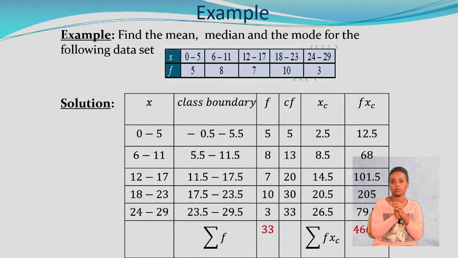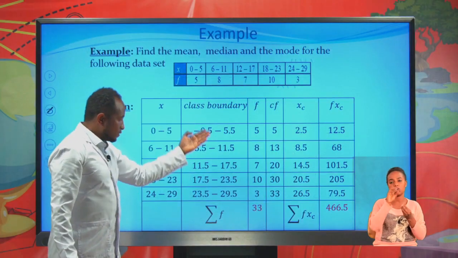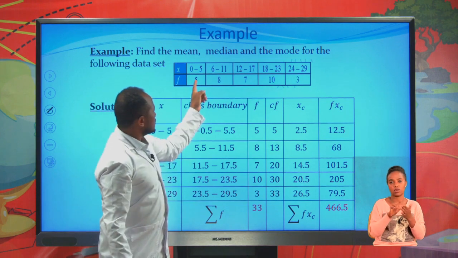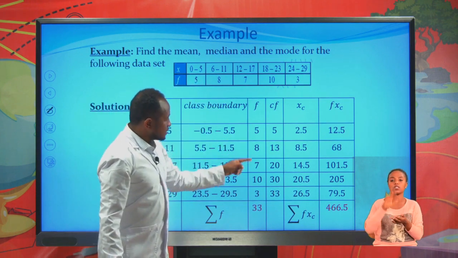To find these values, first I need to convert this into class boundaries, from 0 to 5, 6 to 11. To form class boundaries, take their difference and divide by 2, it is 0.5. Add 0.5 to the upper and subtract 0.5 from the lower limit, and you'll have this. And then put the frequencies here: 5, 8, 7, 10, 3.